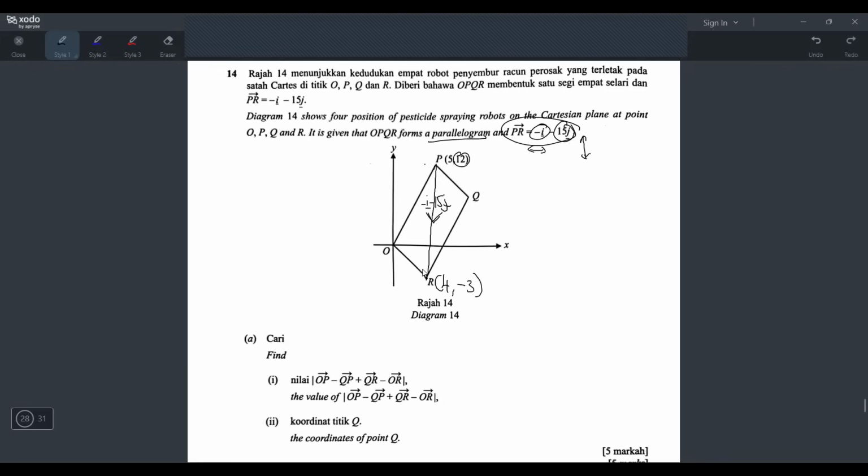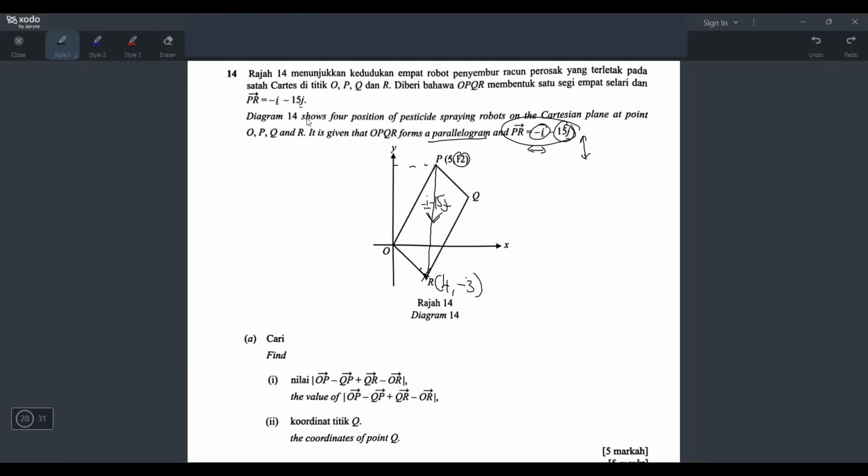Okay, and now you have your coordinate R already, which is (4, -3). Okay, understand, right? Just take 5 minus 1, get 4, and then 12 minus 15, you get negative, because you go down 15 kotak. That's why here is 12. So if you go down 15, you minus 15 lah, and you get negative 3 here. Okay, all right, let's erase all this.